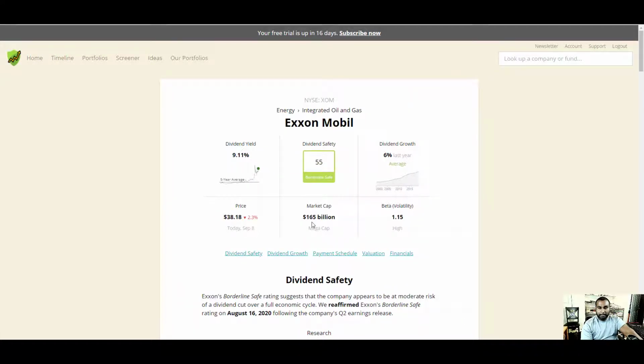Okay, their market cap is 1.65 billion, and they're a mega cap. They're a high volatility stock, 1.15. The current price is $38.18.